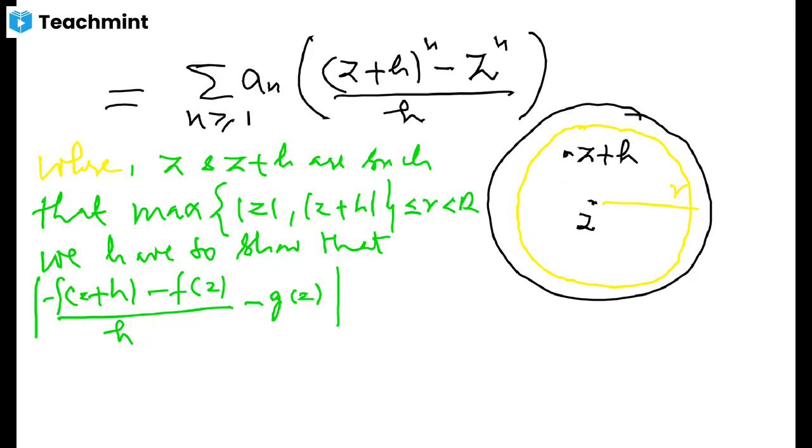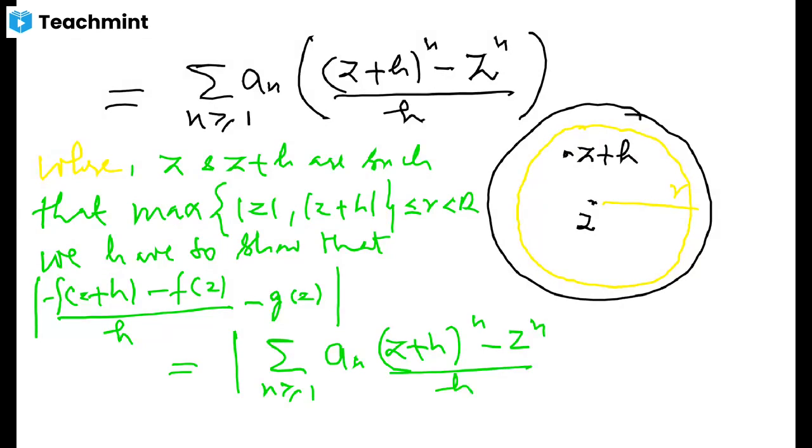Let us calculate what it is. I have calculated f of z plus h minus f of z upon h: it is the summation n from 1 to infinity of a_n times (z plus h) to the power n minus z to the power n, upon h.